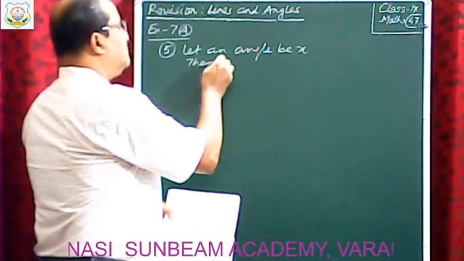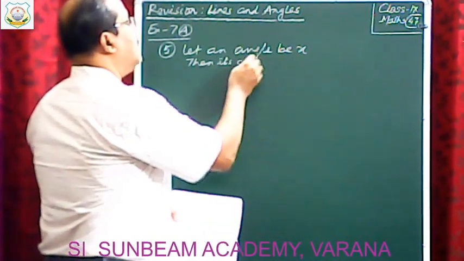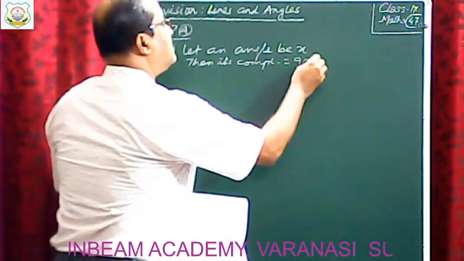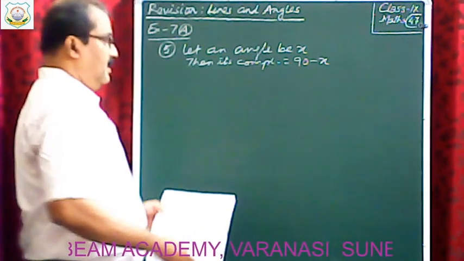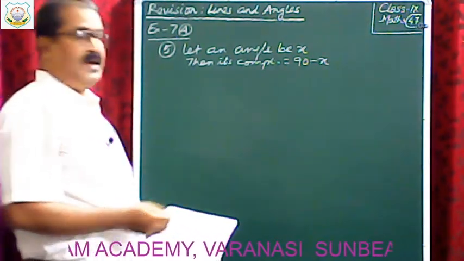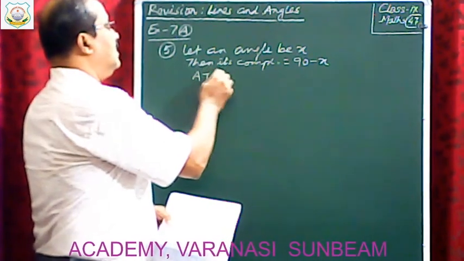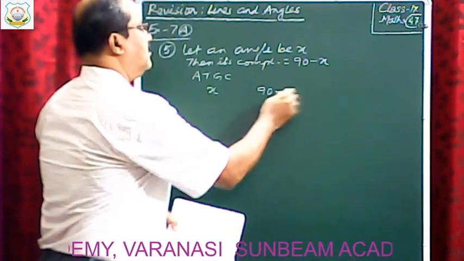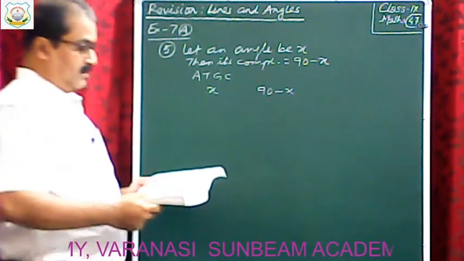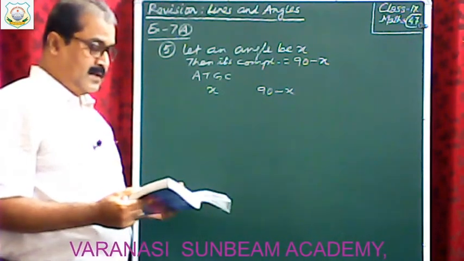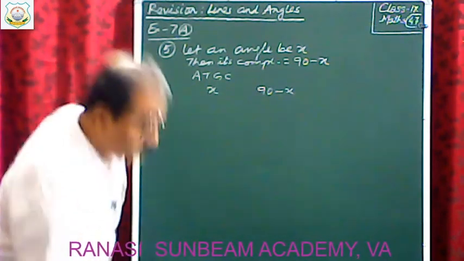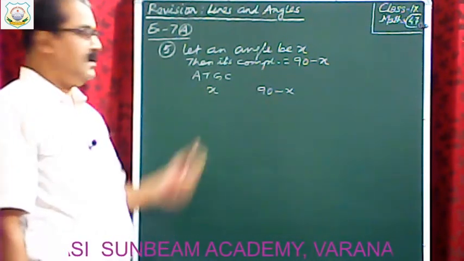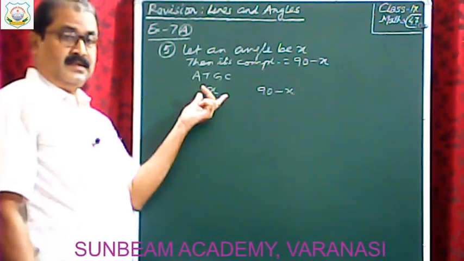Then its complement equals 90 minus x, and thereafter according to the given condition you have to balance the equation. The angle x is 36 degrees more than its complement, 90 minus x.